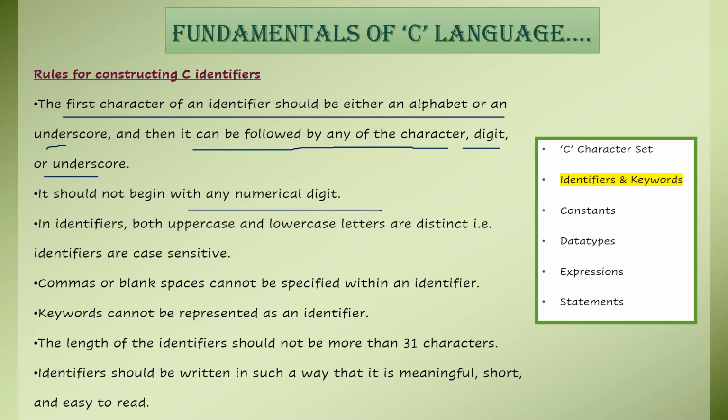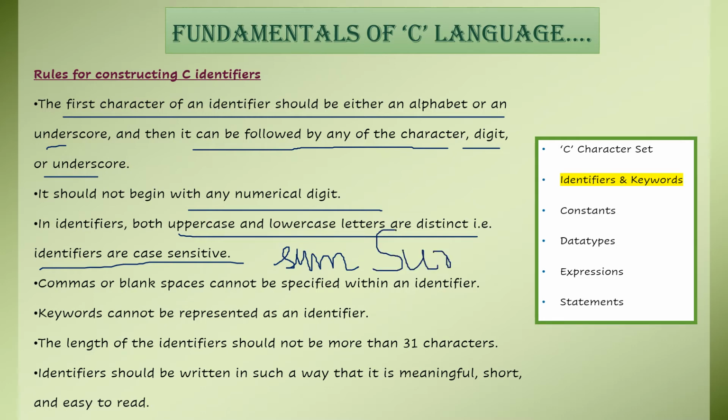In identifiers, both uppercase and lowercase letters are distinct. That means identifiers are case sensitive. If you are declaring a variable like small letters sum, and you are using it as Sum, then these two variable names are different. Commas or blank spaces cannot be specified within an identifier.